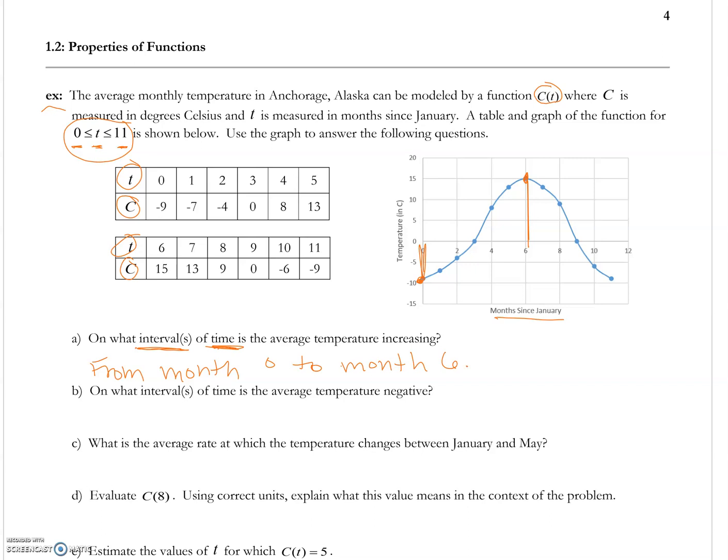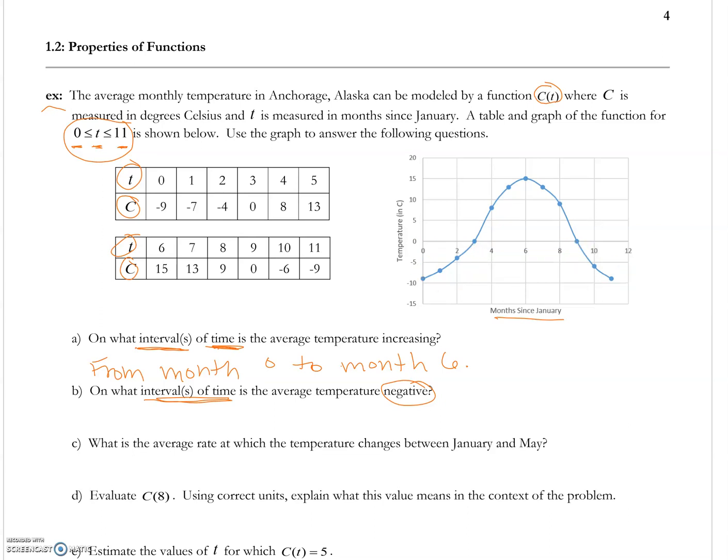My next question is, on what intervals of time, so same thing, we're looking at the months, is the average temperature negative? When I think about a negative temperature, I know that means below 0. So when I look at my graph, I'm looking to see when my graph is below 0. That actually happens in 2 different spots.